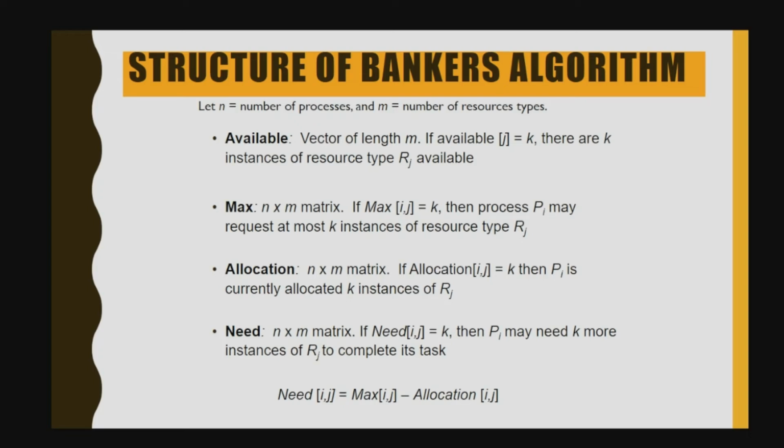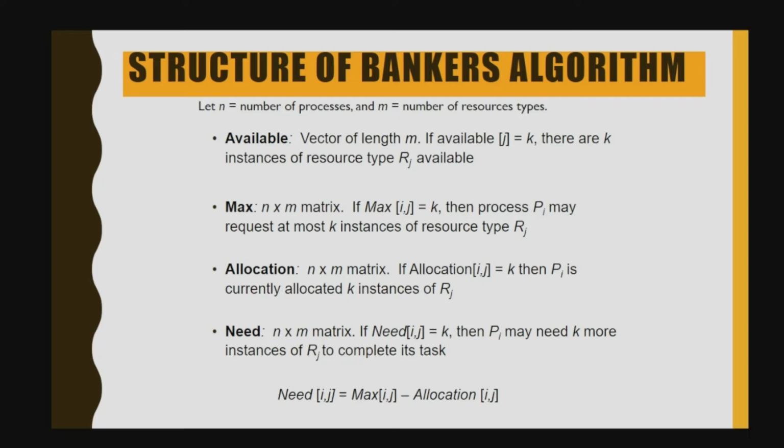Okay. N refers to the number of processes and M refers to the number of resource types. So we have four data structures: available, maximum, allocation, and need. Available refers to the instances of our resources that are available. Maximum refers to the most instances of the resources that can be requested.